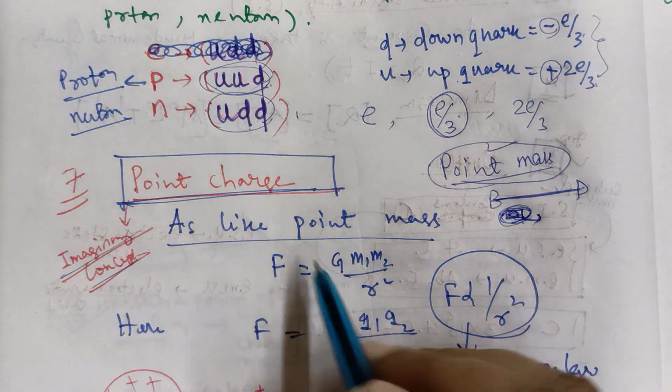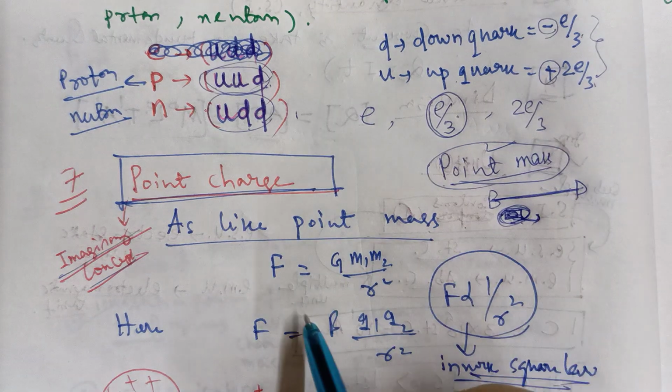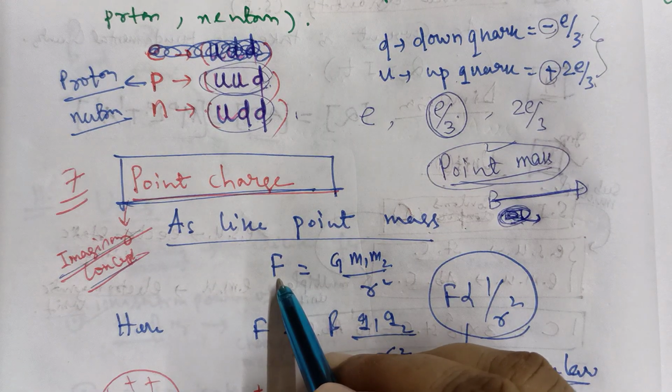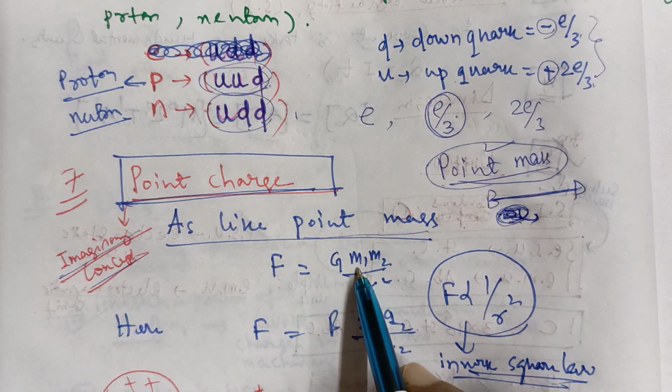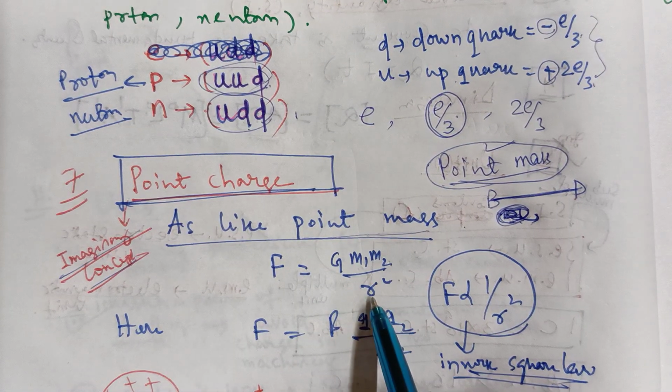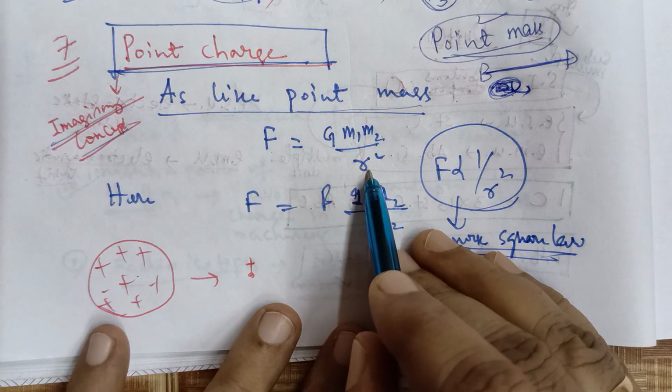Remember that like point mass, in your gravitation chapter in class 11 you studied that the gravitational force of interaction between 2 point masses is directly proportional to the product of their masses and inversely proportional to the square of the distance between them.